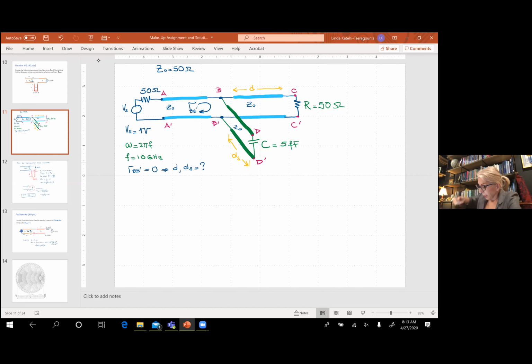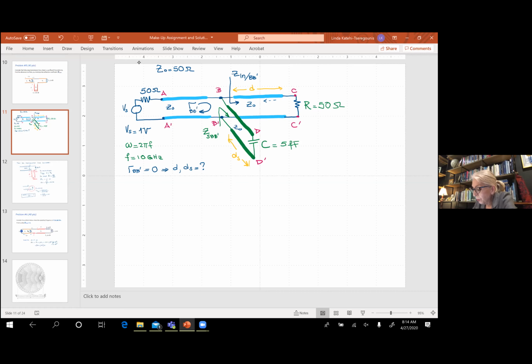As you can see from here, we need to find a distance D. When the resistor moves along this line towards the generator, we need to have here an impedance, which I will call Z in at BB prime, so that these combine in parallel with the other impedance that I see inside the stub at BB prime, which I will call Z sub s at BB prime.